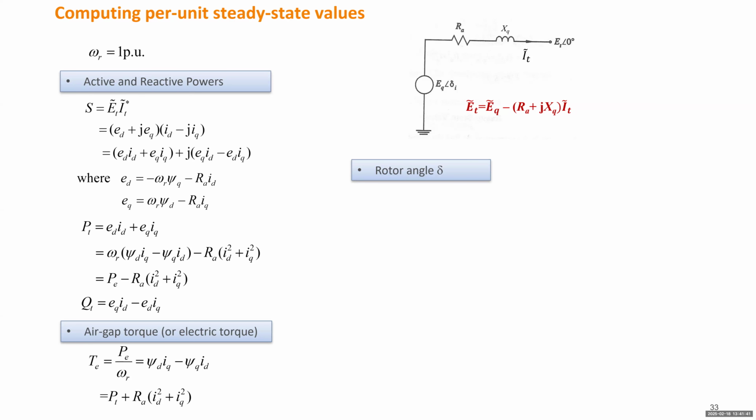Next, the electric torque will be the electric power divided by the speed. Another thing we need to talk about is the angle. So EQ will have angle delta i. Why do we call it delta i and not delta? Because it is not the rotor angle.